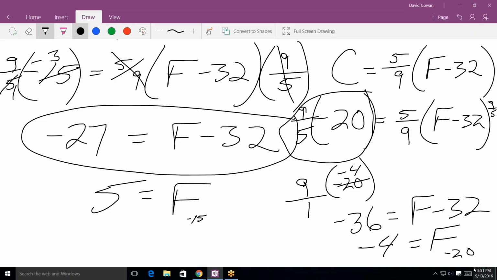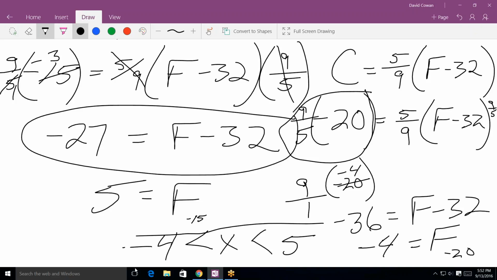Now we have to write it as a compound inequality. I can see that on the one side is my lower temperature, minus 4, and on the other side has to be my higher temperature, which is 5.